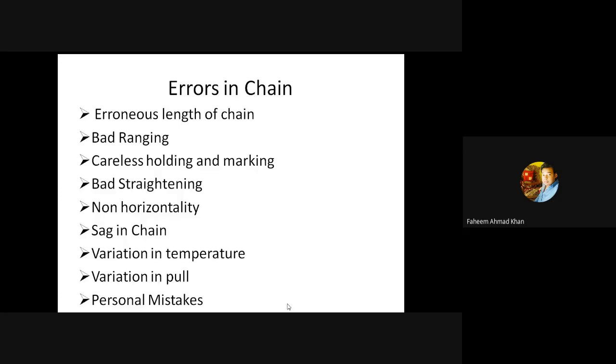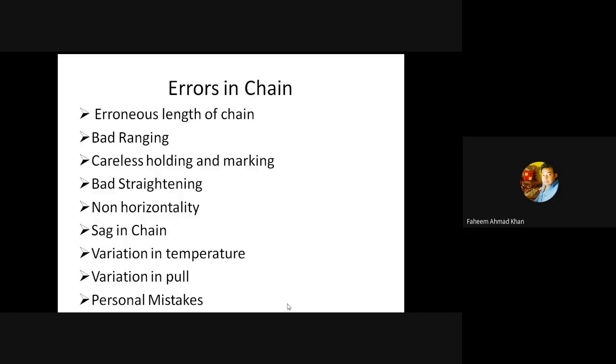The next is bad straightening. It is cumulative, keeps on adding, and it is a positive error. If the chain is not straight but is lying in an irregular horizontal curve, you will have to straighten it. The measured distance will always be too great or too long. The error is therefore of cumulative character and is positive.